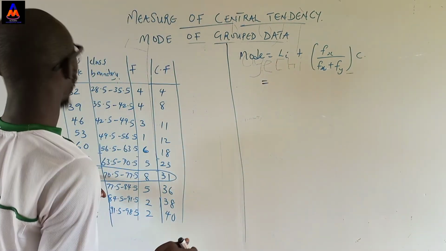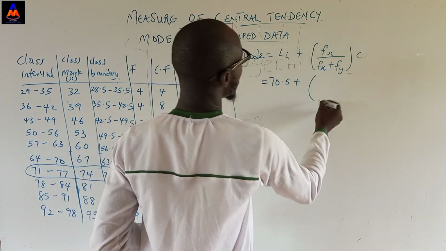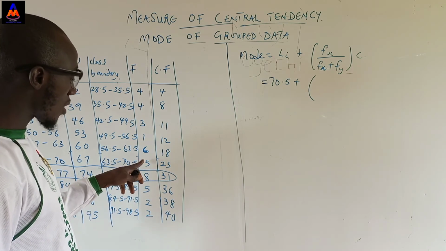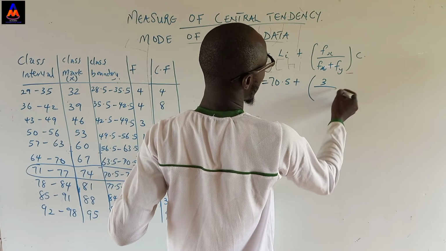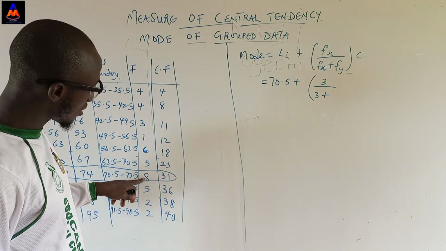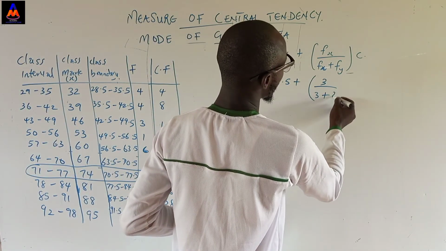The lower boundary of the modal class is 70.5, plus the difference between the frequency of the modal class and the one before it. This is 8 minus 5, that's 3. This is also 3, because the difference between the frequency of the modal class and the one after it is 8 minus 5, and that's also 3.